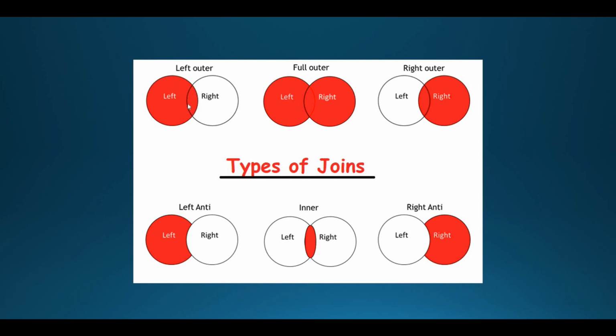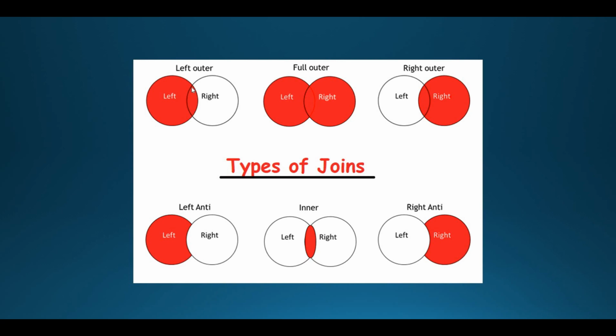section. So from the right table also it is getting these common records, and the remaining part from the left. So basically left table means the entire portion, or entire records, that we are getting from the left, and since this portion is also part of the right table, this record is also coming.